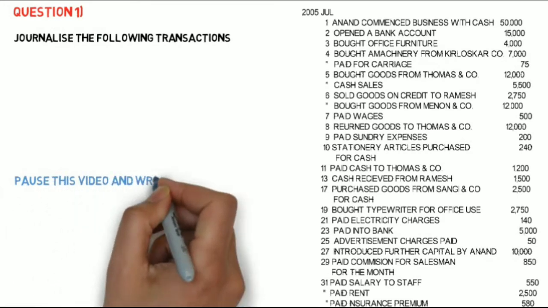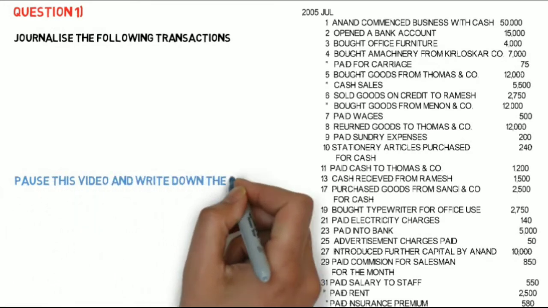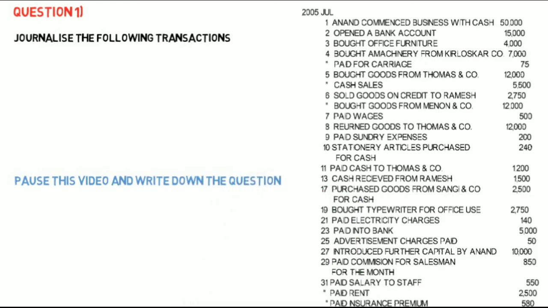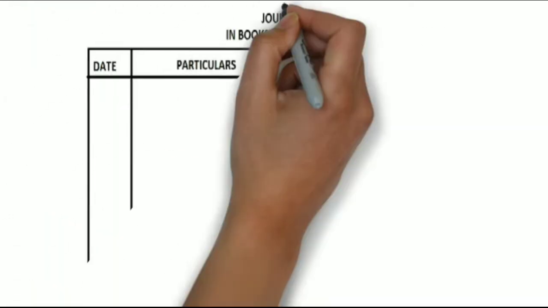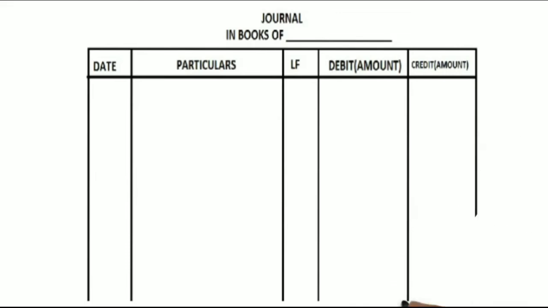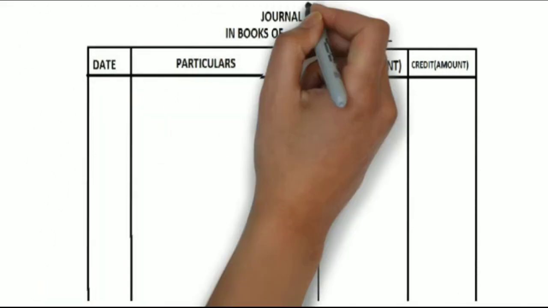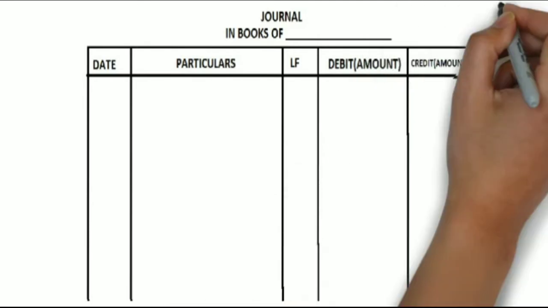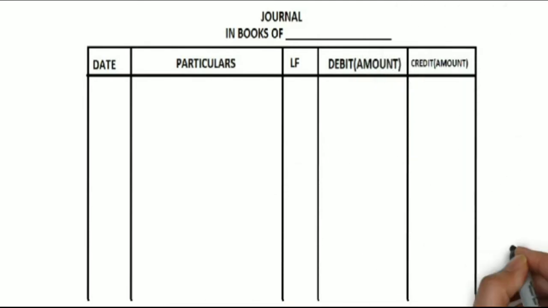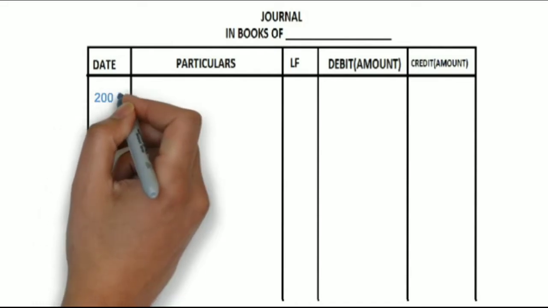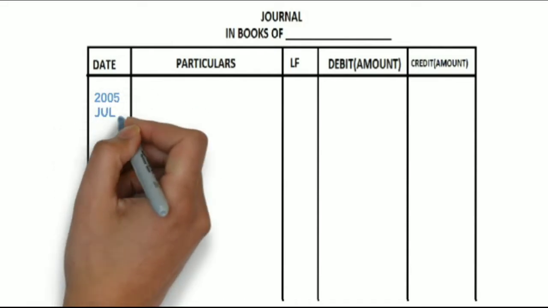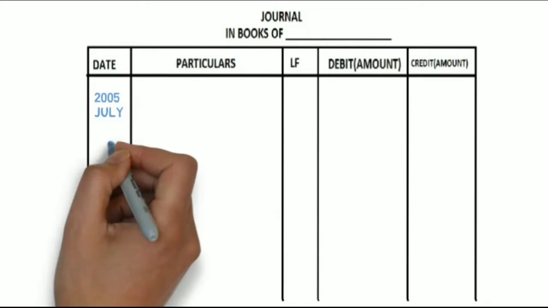To keep the video short, I can only do one question in detail here. So maybe solve this question. Draw a proper journal entry format as I have told you. Now in the date column write the year and month and write on first.